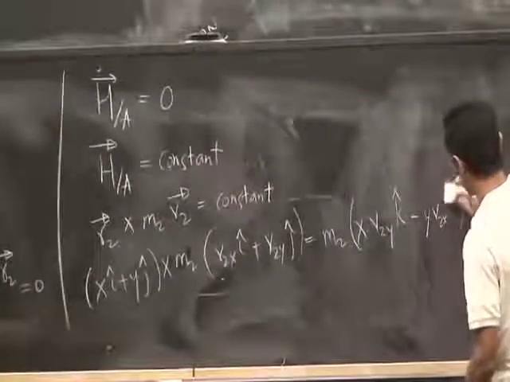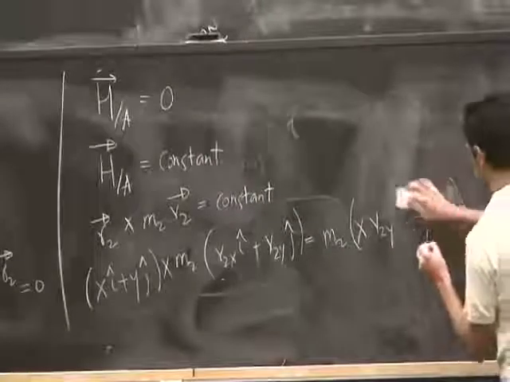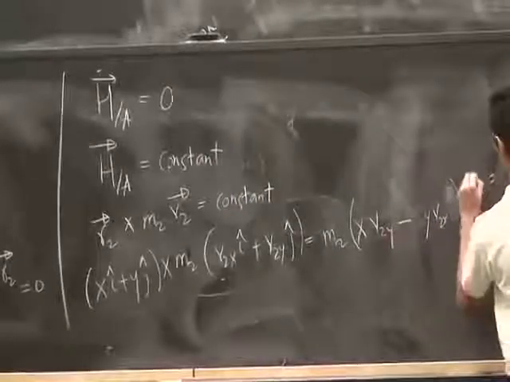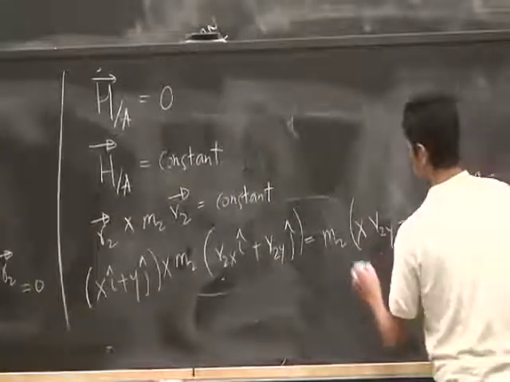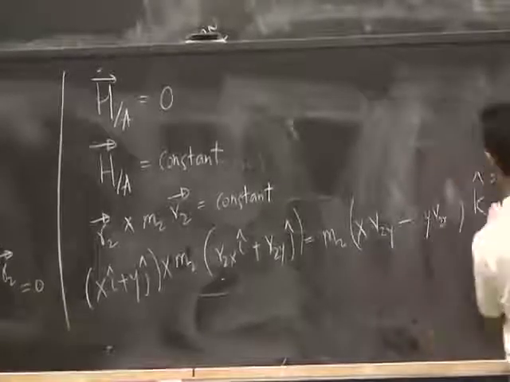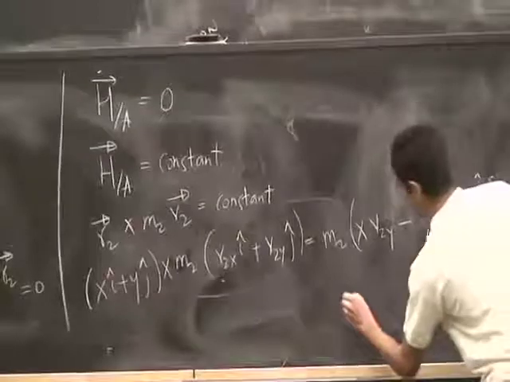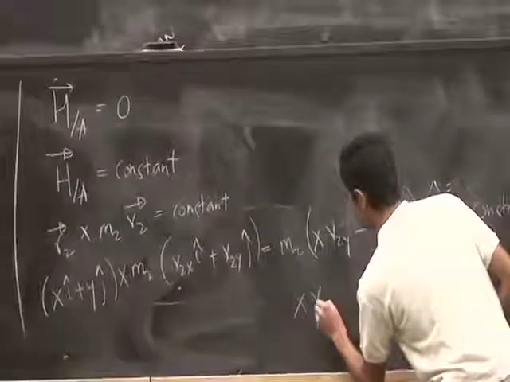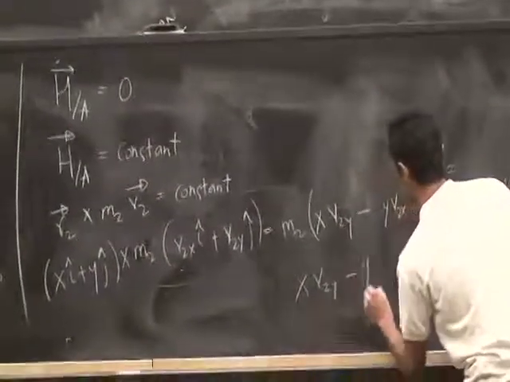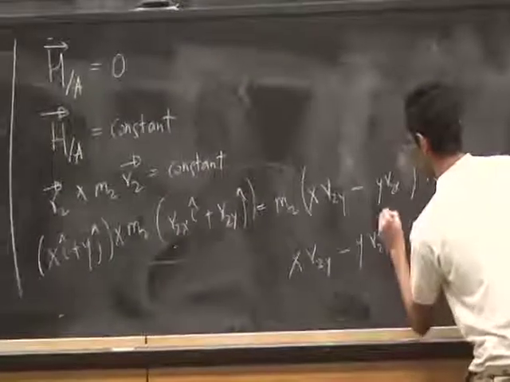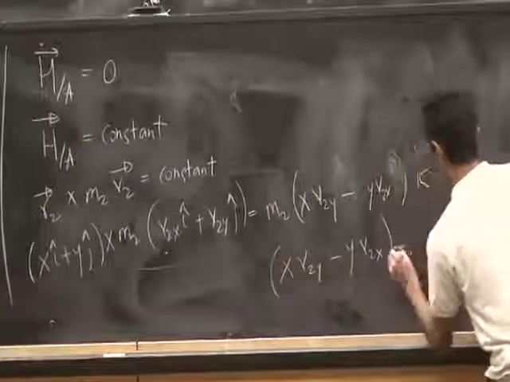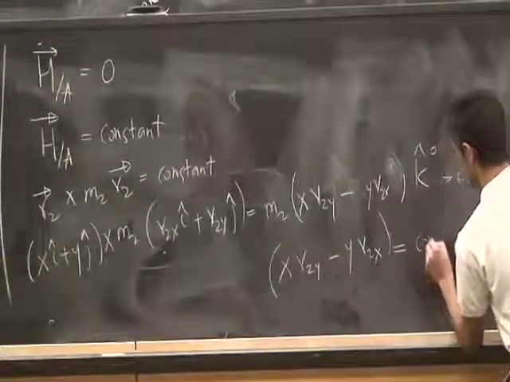So let me rewrite this. My calculation says that this should be a constant, which means that this quantity, x V2y minus y V2x, should be a constant, right?